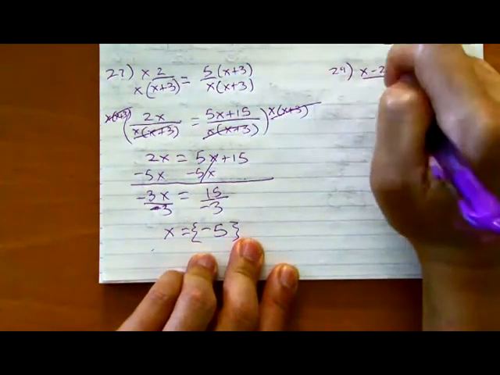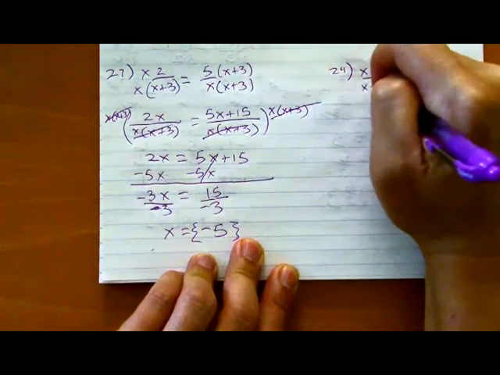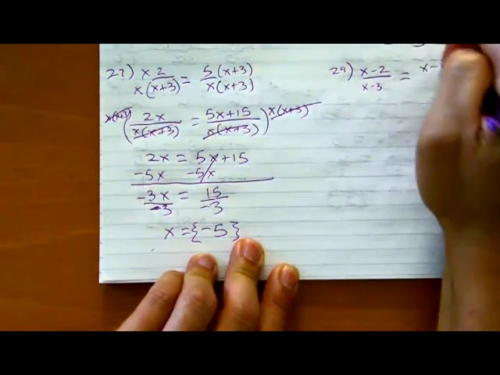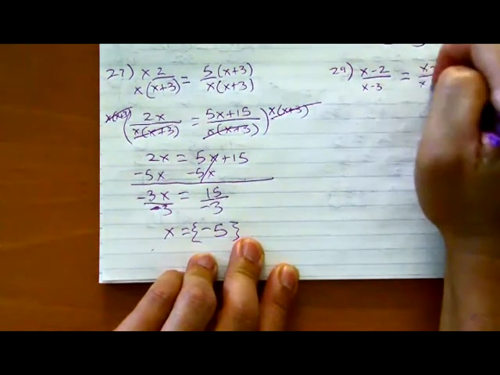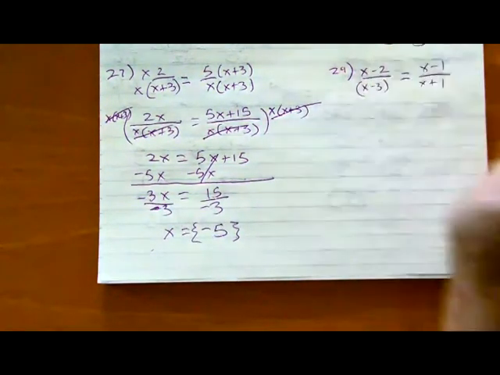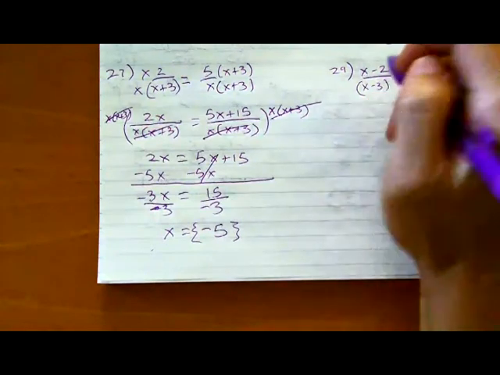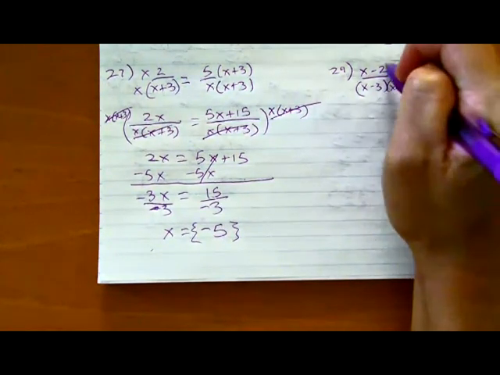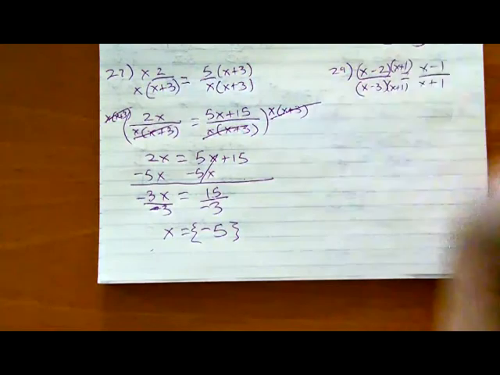(x minus 2)/(x minus 3) equals (x minus 1)/(x plus 1). This denominator is missing a factor of x plus 1. So we're going to multiply top and bottom by x plus 1.